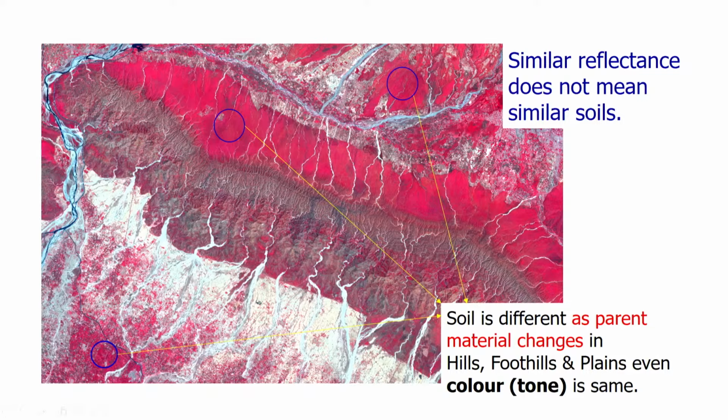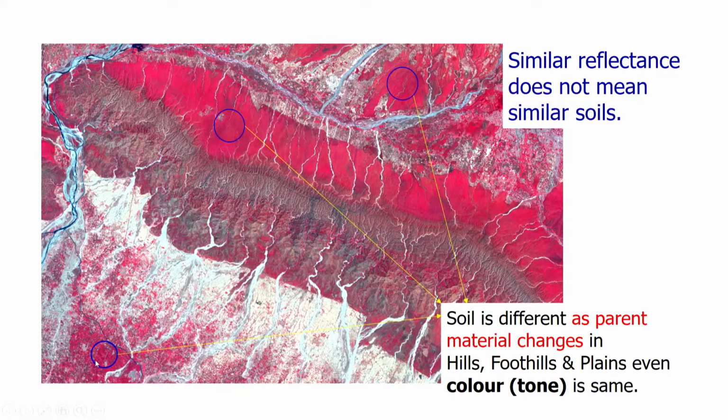But in all three places, the color tone is the same, but the soil is different, because the parent material is changing, topography, slope is changing, and because of that soil is changing. Here it is plain or foothills, here it is on the hills, and here it is the alluvial plains.